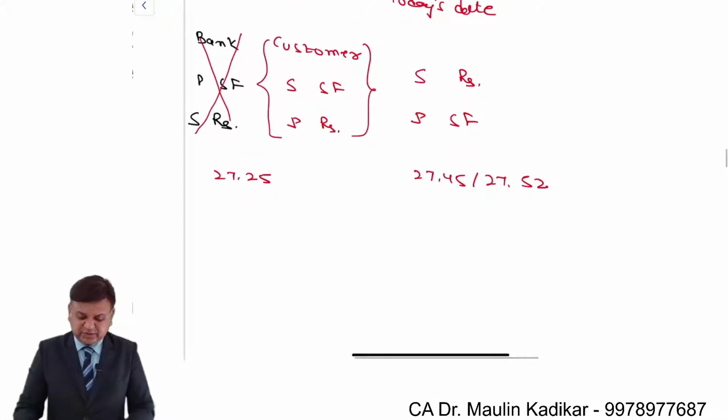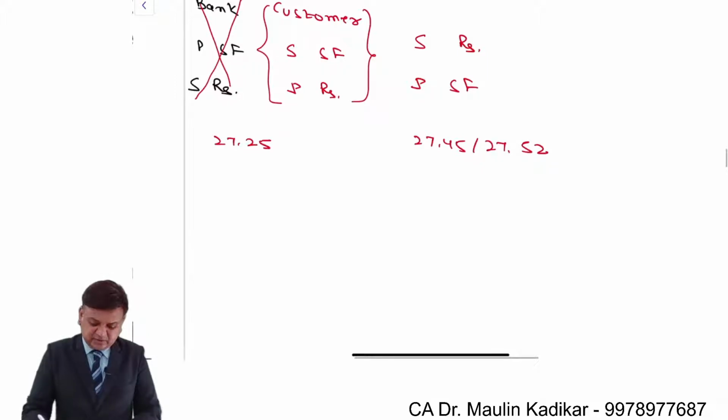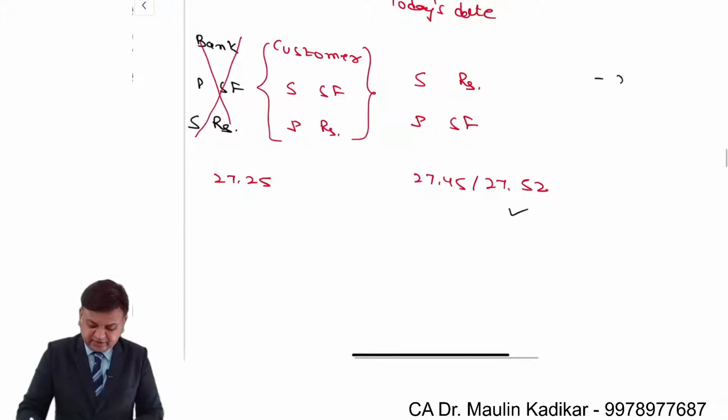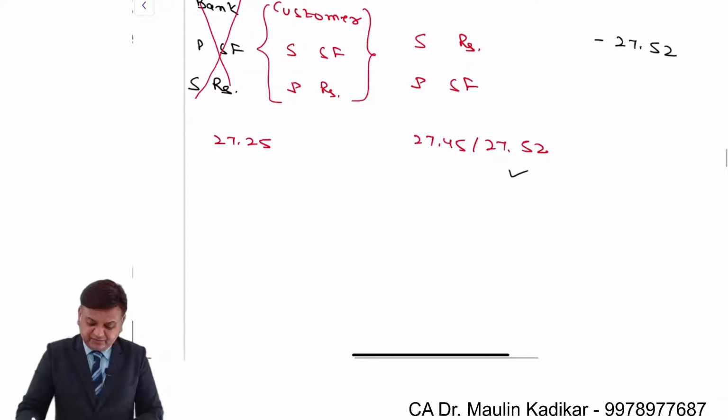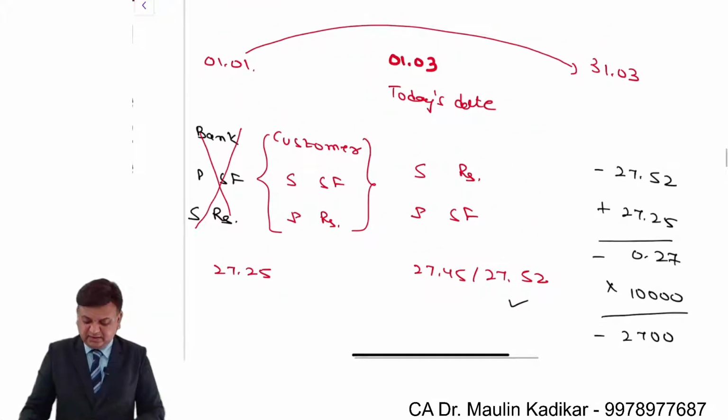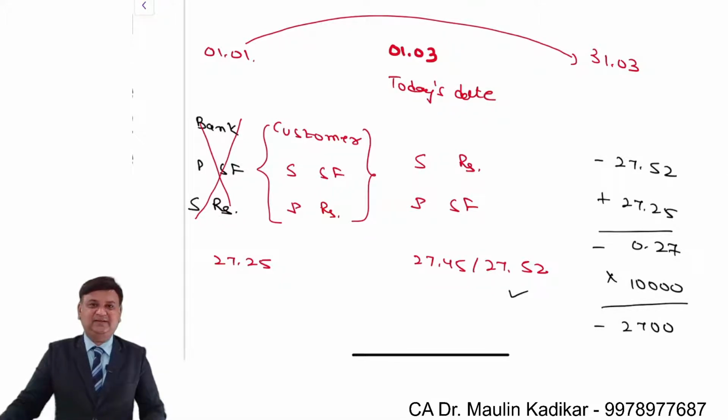Now for sell of rupees, a higher amount of rupees is required to be sold. As we understand logically, at the rate of 27.52 you will purchase Swiss franc, and it will be sold at 27.25. So there is a loss of 27 paise per Swiss franc. Multiplying with 10,000, there is a loss of 2,700. This is the way we understand.